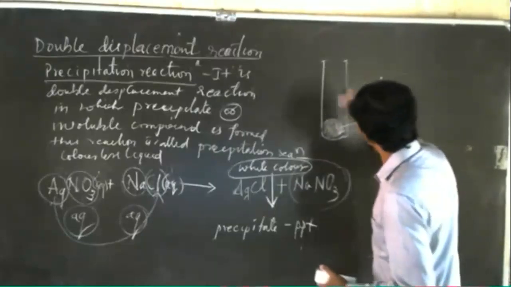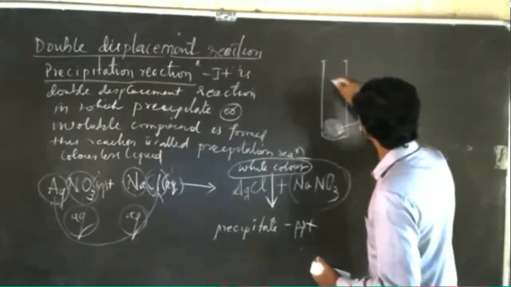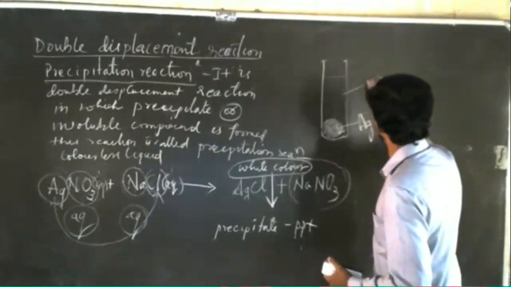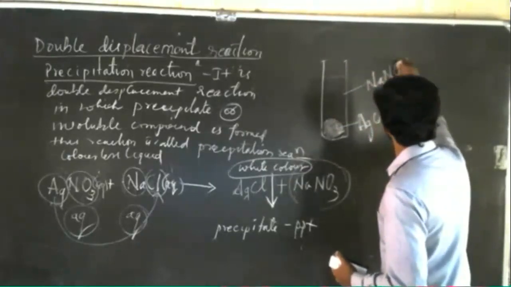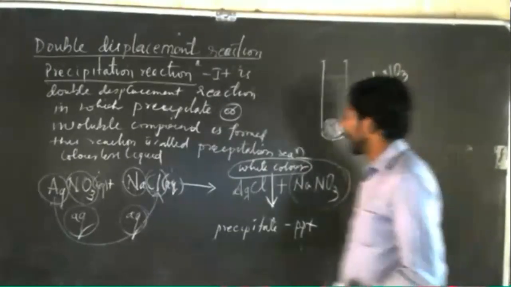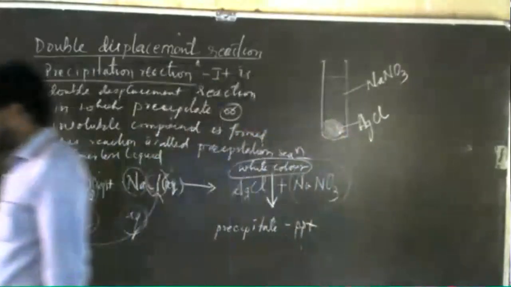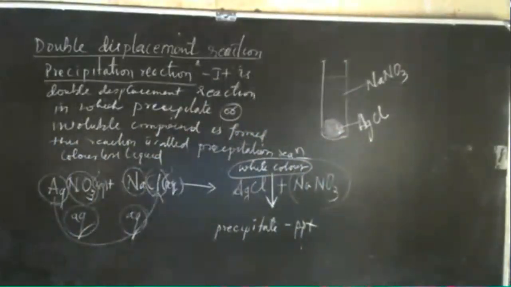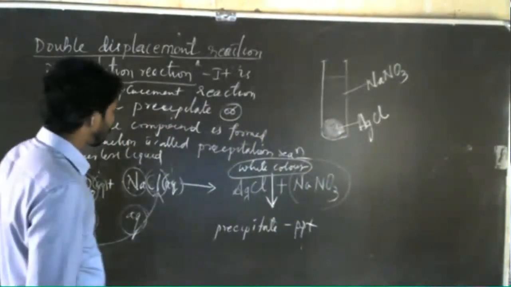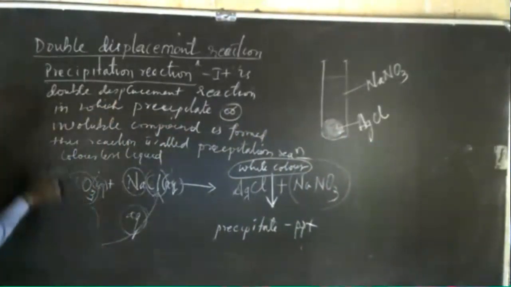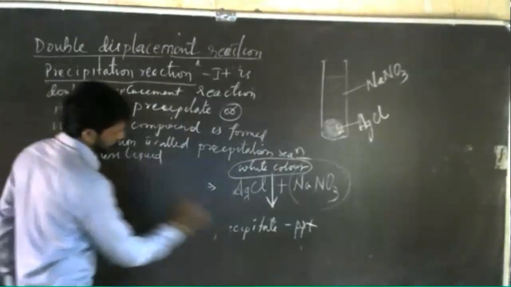See, this is a test tube. After the reaction, AgCl settles down here, and here you can see the sodium nitrate solution. This is about the double displacement reaction.